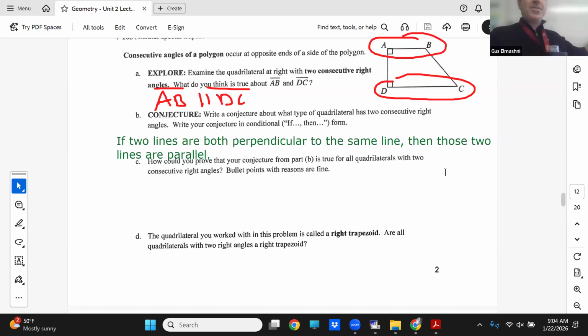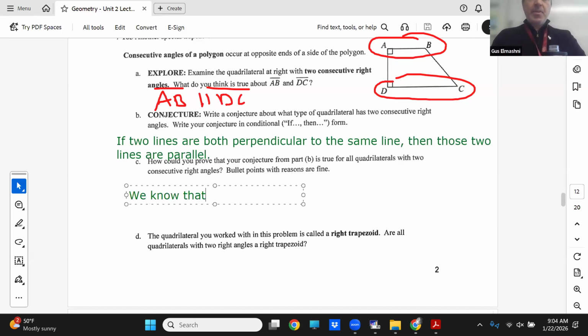Actually, I want to add about 3 more sentences to that conjecture. I'm just kidding. No, the conjecture is this. If two lines are both perpendicular to the same line, which they are, they're both perpendicular to AD, then we expect the lines to be parallel. So how can you prove it? I'm just going to give you a very quick way of proving it.